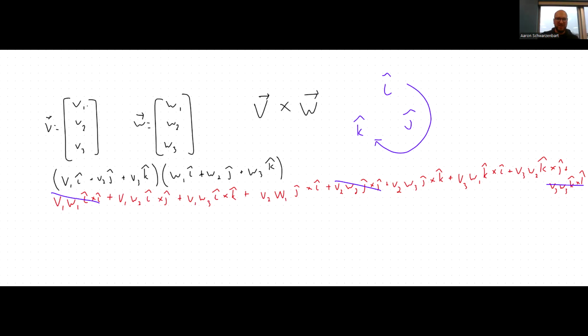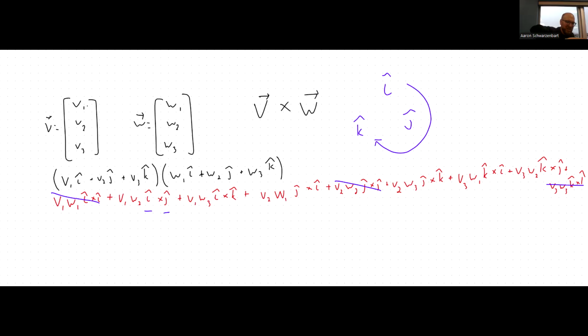So when I'm looking at this i cross j, I point my hand on the graph in the direction of positive i, which is positive x-axis. Curl my fingers towards j, positive y-axis. Your thumb points in the direction positive k, up out of the page. So positive z.